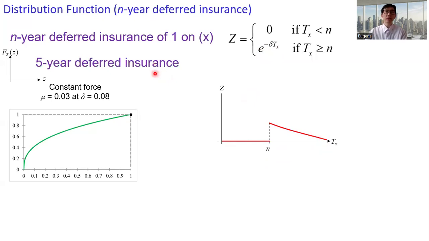Consider a 5-year deferred insurance. The CDF for a 5-year deferred insurance for the constant force is given by this purple curve. Maximum at 1 and then stays constant.